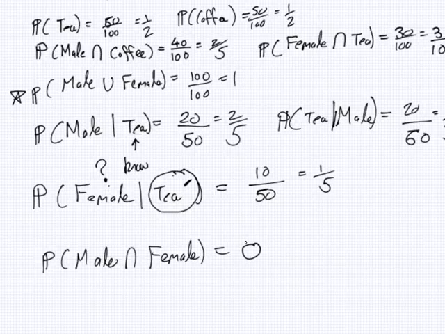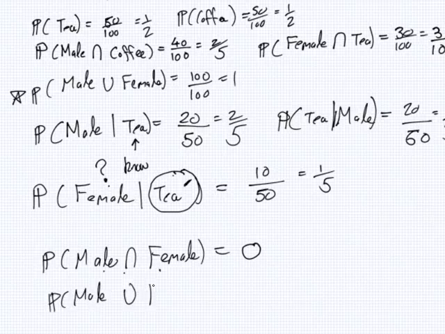Okay, so this one here, you want the person to be both male and female. They can't be both at the same time. This one here, though, you're saying they could be a male or they could be a female. So this is everybody. Everybody is a male or a female. This one is and. This one is or.